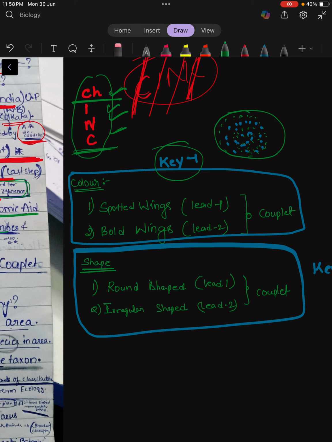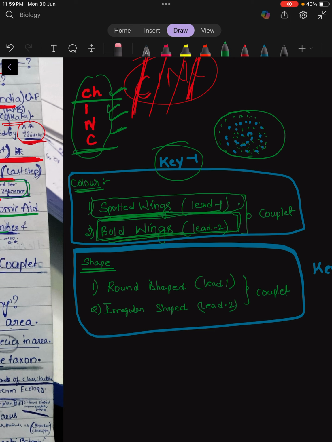Let's see the first key. I will take color: spotted wings and bold wings. If they have spots, I separate them into one group. If they are bold, I separate them into another group. Spotted wings is one lead, and we call each such line a lead. Bold wings is another lead.